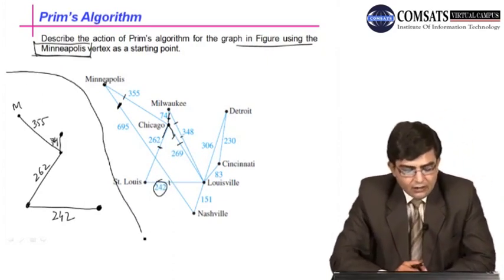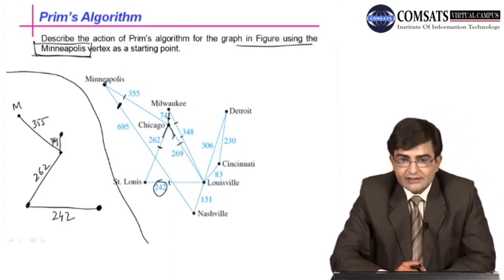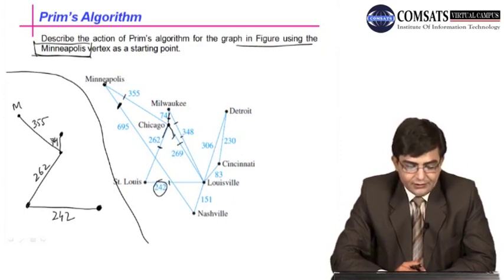Now we see all these vertices and the edges associated with these vertices, and we find the edge with minimum weight.